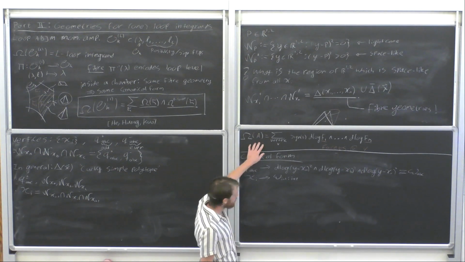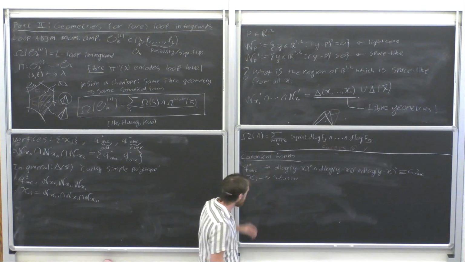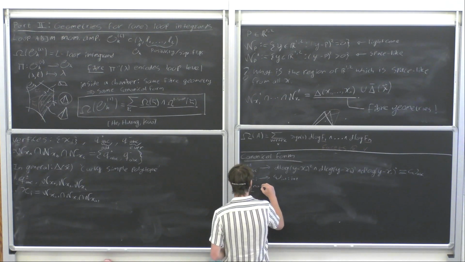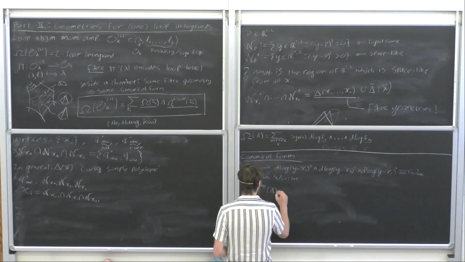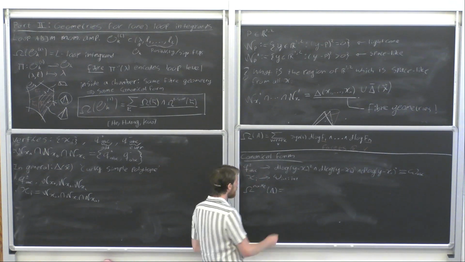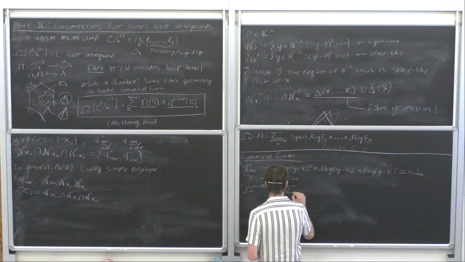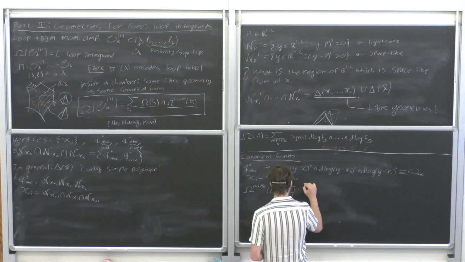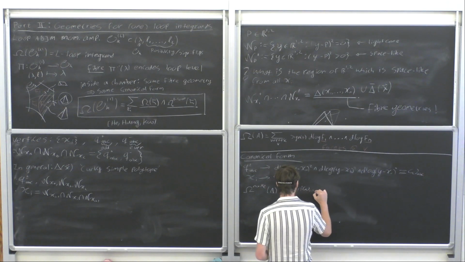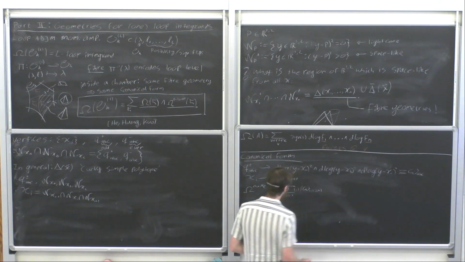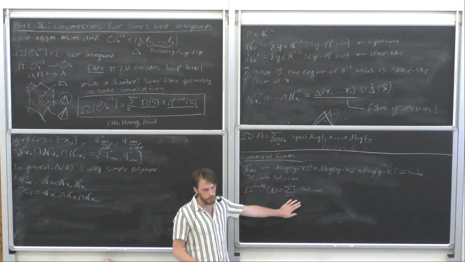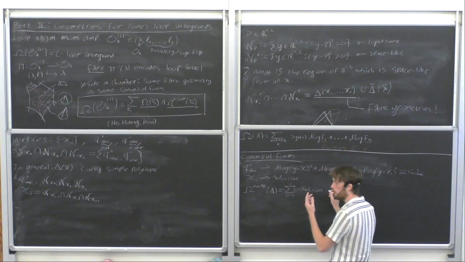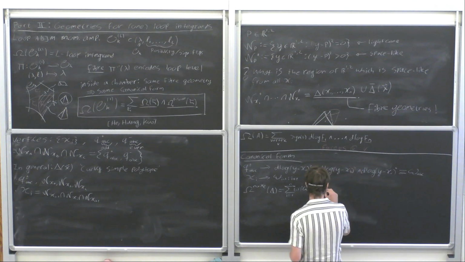So if we just take this formula and substitute this in, we arrive at a naive guess of what the canonical form might look like. We have some term which comes from the contribution of all the n xi's, and then we have the sum over all the vertices q plus and q minus in the geometry.